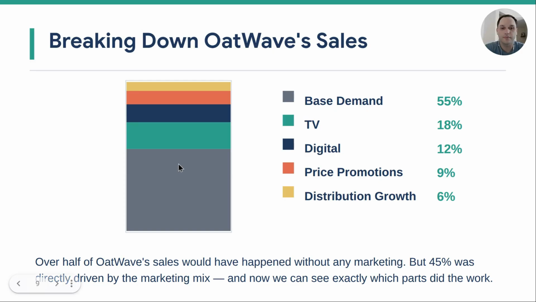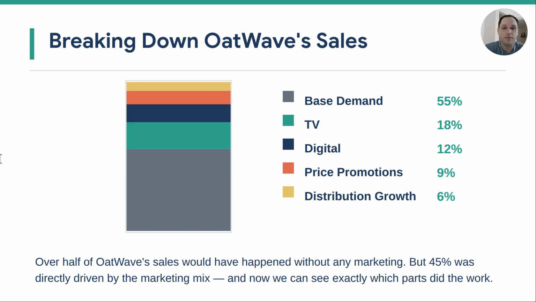Here's what Oatwave's decomposition looks like. Of their total sales, 55% came from base demand. More than half of what they sell would have happened without any marketing activity. TV contributed 18% of total sales, digital 12%, price promotions 9%, and distribution growth, getting into more stores, contributed 6%.